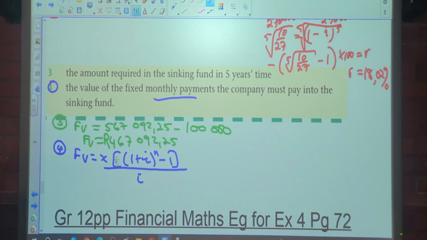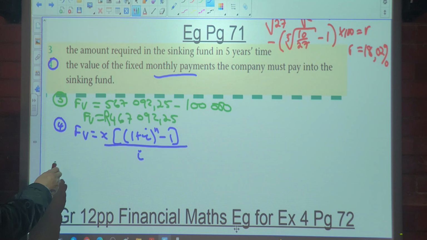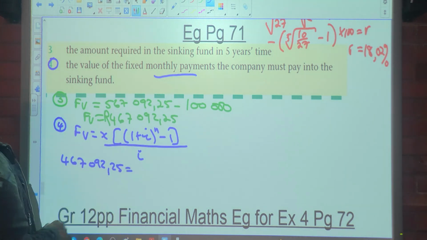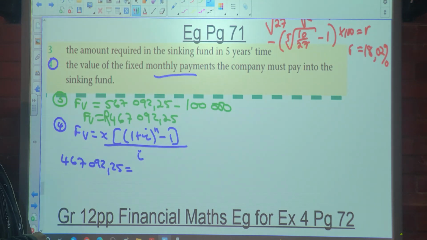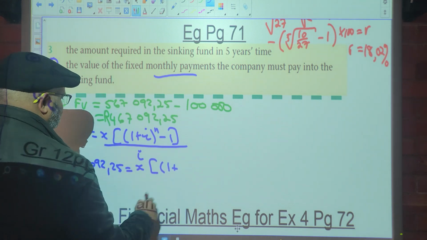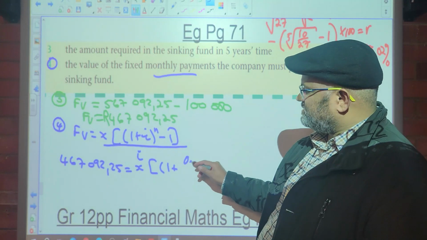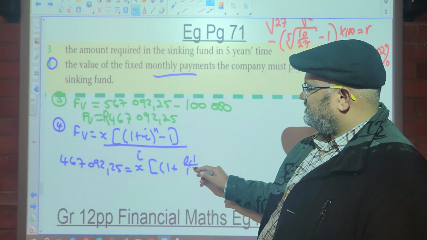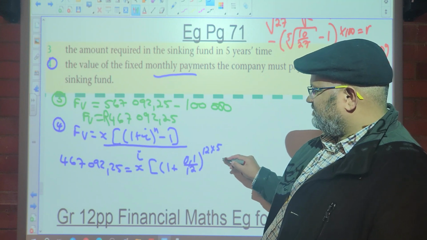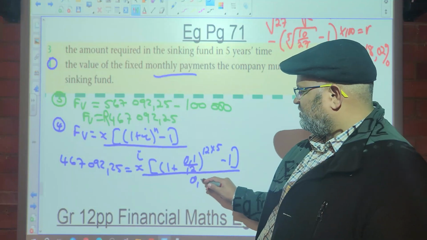We need 467,092 Rand and 25 cents equals x, my monthly payment, into 1 plus, what's your interest rate? 0.1 is 10%, not so? Compounded monthly. So it's 12 times 5, minus 1, and this is all over I, which is 0.1 over 12.